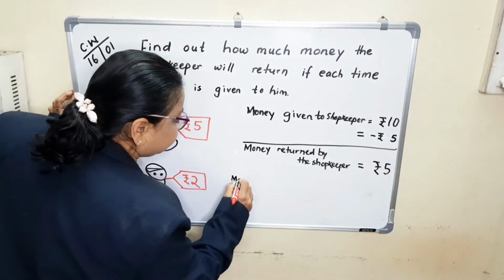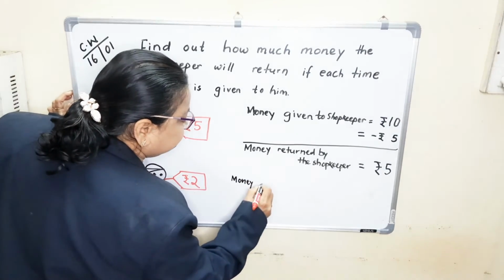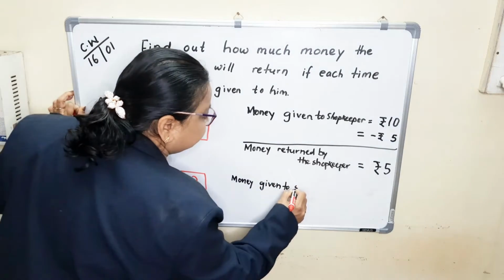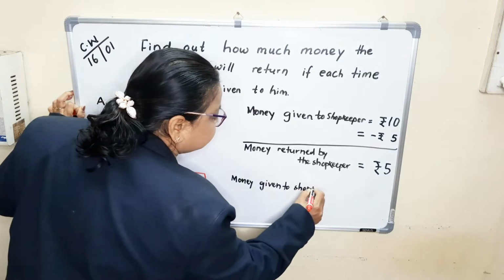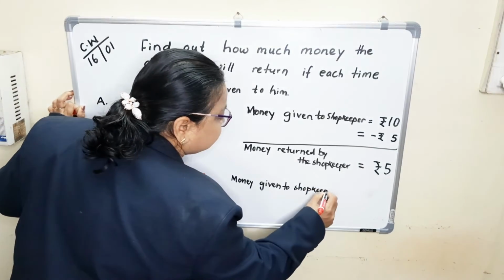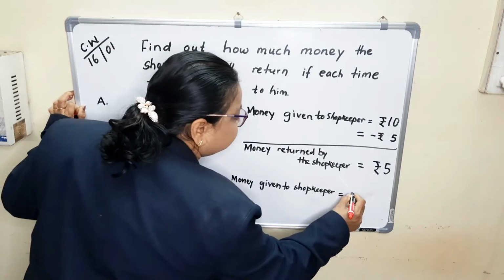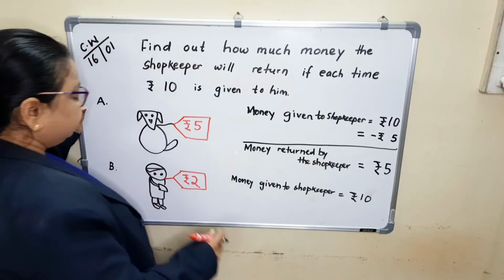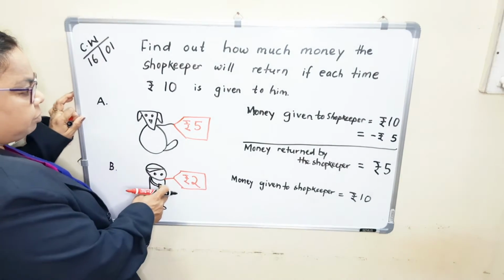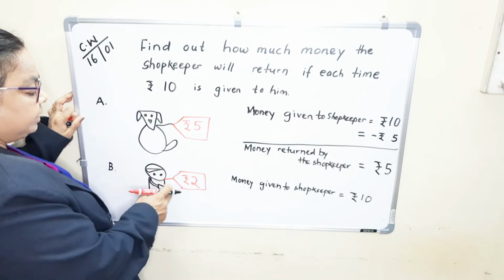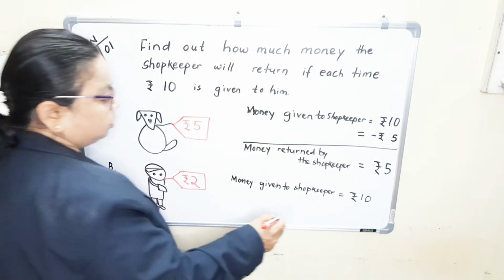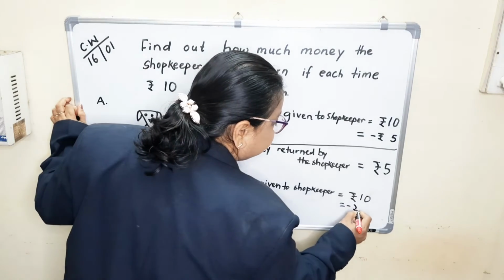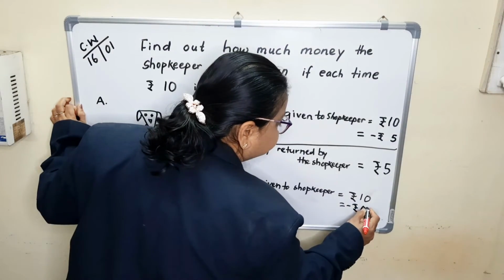Money given to the shopkeeper, children, is equal to rupees 10. Then the cost of the doll is rupees 2. So the shopkeeper will minus rupees 2.